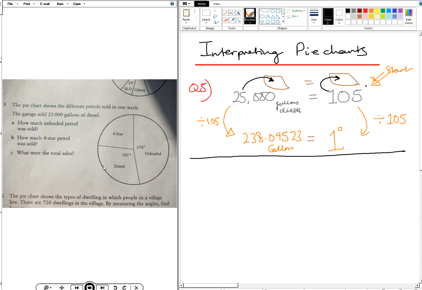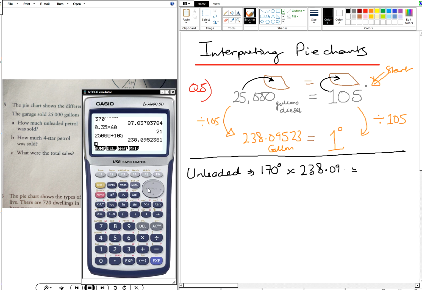The next part of the question says how much unleaded petrol was sold. So from the diagram, unleaded is worth how many degrees? 170. So 170 degrees multiplied by the number we just got from the previous calculation, 238.09 and so on. So let's get the calculator back out and reuse that value by typing in times 170, because we already have the 238 above.